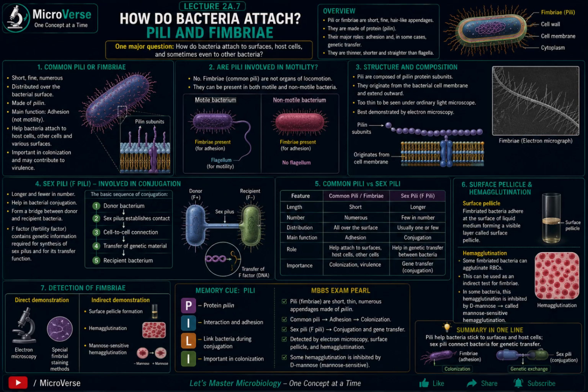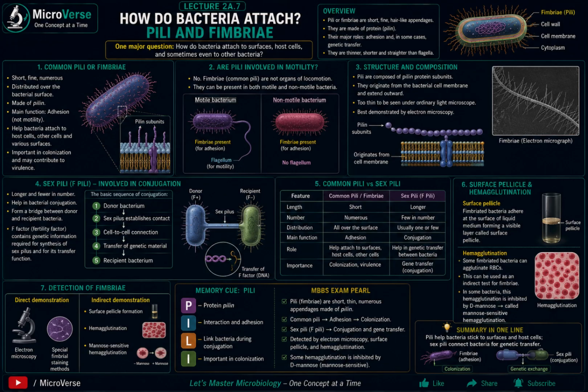So next, surface pellicle formation. Fimbriae can also help bacteria adhere at surfaces. So fimbriated bacteria may form a surface pellicle in liquid culture. This can serve as an indirect indication of the presence of fimbriae.